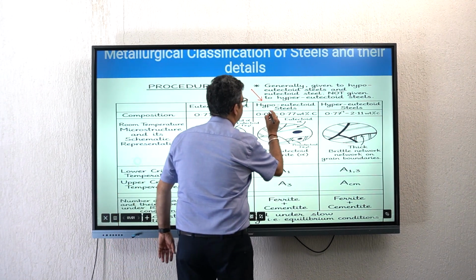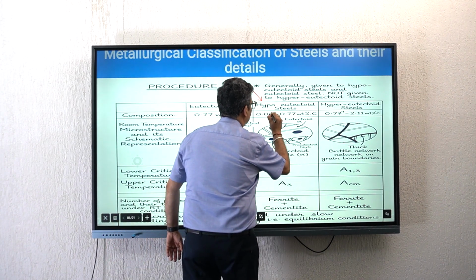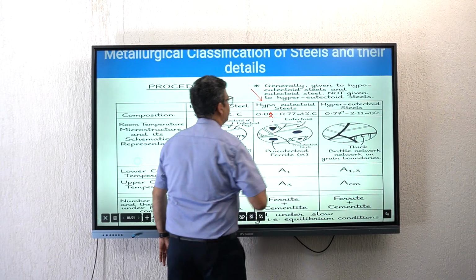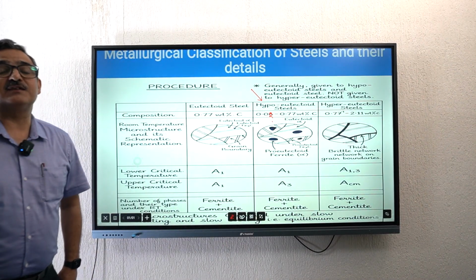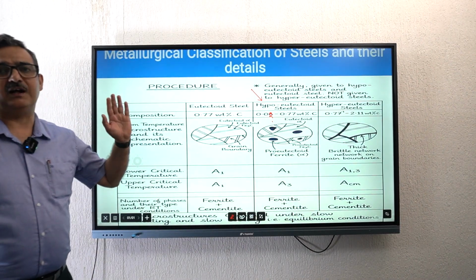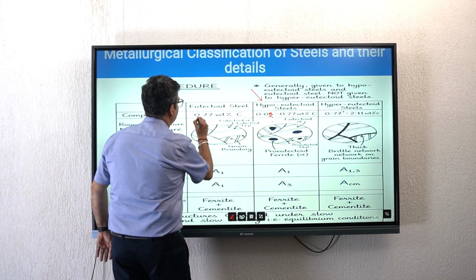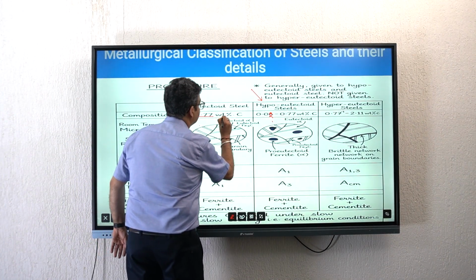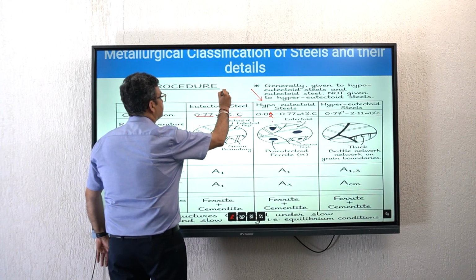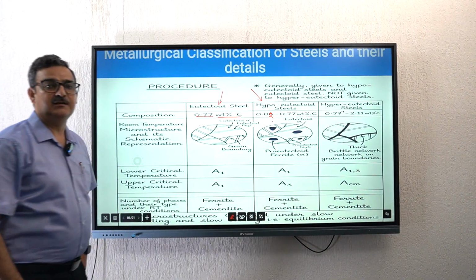What is their composition? Please correct this. This is from 0.02 to 0.77 weight percentage carbon, remaining iron. Then when we reach 0.77, if your steel exactly has 0.77 weight percentage carbon, this is called a eutectoid steel.